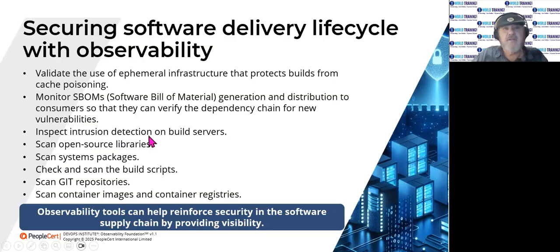Inspect intrusion detection on build servers, scan open source libraries, scan system packages, check and scan the build scripts, scan Git code version repositories, scan container images and container registries. So there's a lot of scanning going on in a typical DevSecOps continuous delivery cycle. Observability tools can help reinforce security in the software supply chain by providing visibility.